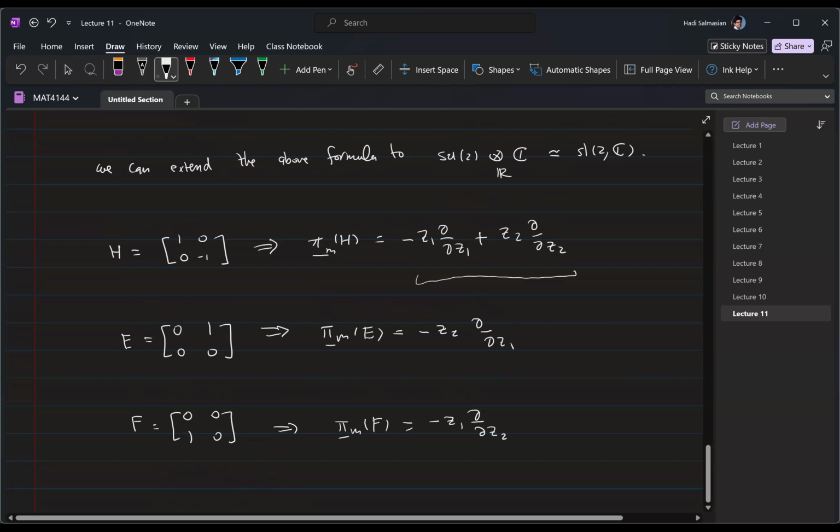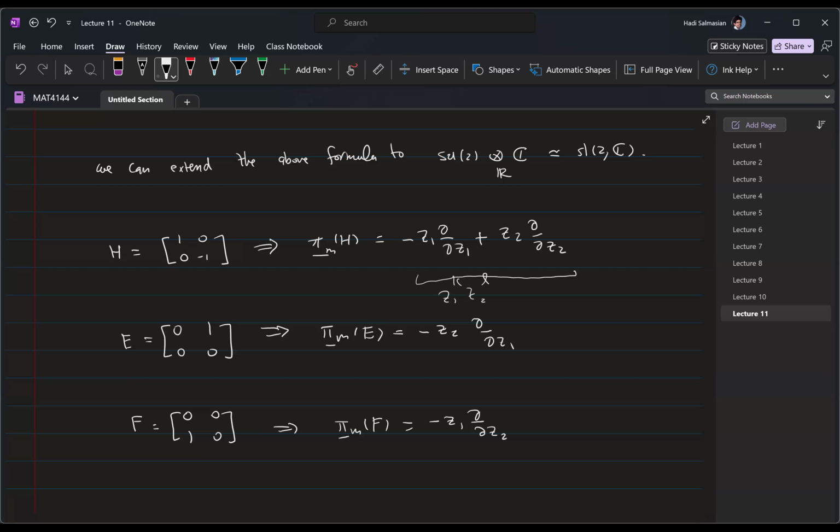In other words, the monomials Z1^K Z2^L will still be eigenvectors of this operator. But this time the eigenvalue will be minus K plus L, because this will give you a minus K, this will give you a plus L, just like what I showed you for x d/dx.